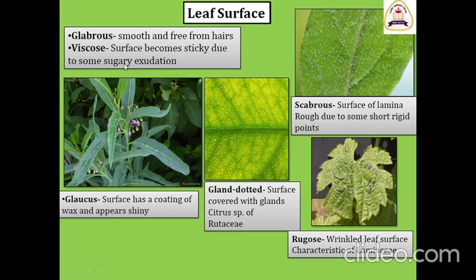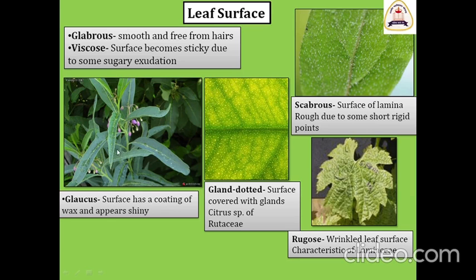Leaf surface. The leaf surface may be glabrous, smooth and free from hairs. This is the glabrous. Another is the viscid, where the surface becomes sticky due to some sugary exudations. Scabrous surface, where the surface of the lamina is rough due to some short rigid points like this.